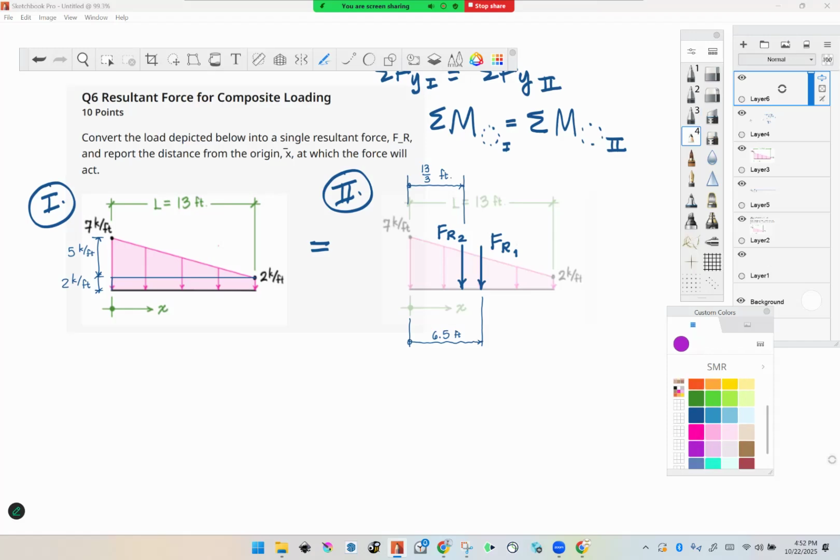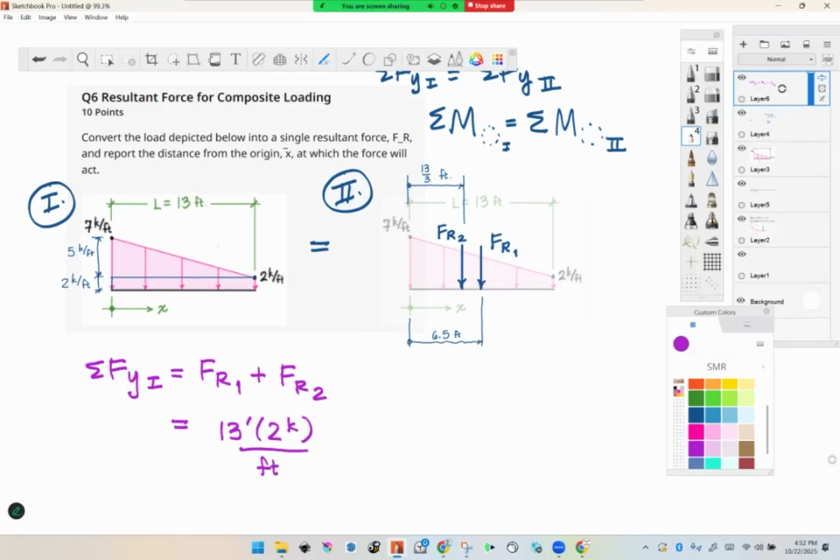Okay. So my summation of forces in the y direction in system 1 is equal to FR1 plus FR2. FR1 is the rectangle, so I do base times height. My base is 13 feet. My height is 2 kips per foot.